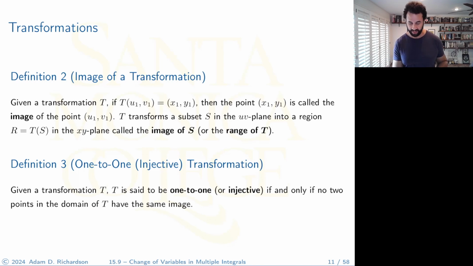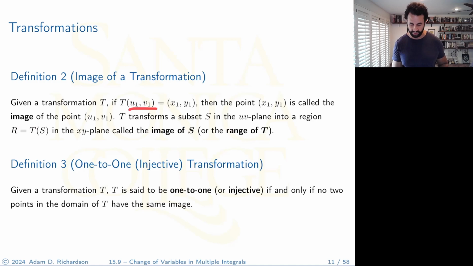Now we need to talk about some properties and some definitions related to transformations. Here's the first one, the image of a transformation. If we have a transformation T and T of U1, V1 is equal to X1, Y1, then we call the point X1, Y1 the image of the point U1, V1 under the transformation T. Basically, the output point is called the image under the transformation.